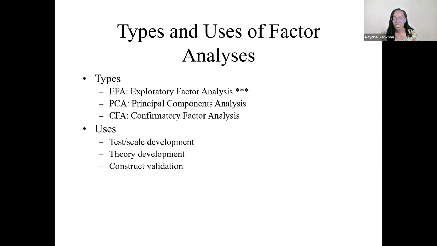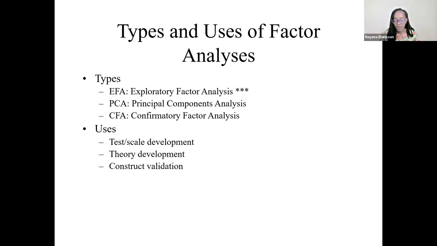Maybe some of the items measure anxiety, others measure depression, and others measure openness to experience, for example. The researcher might start off with exploratory factor analyses and then conduct confirmatory factor analyses.